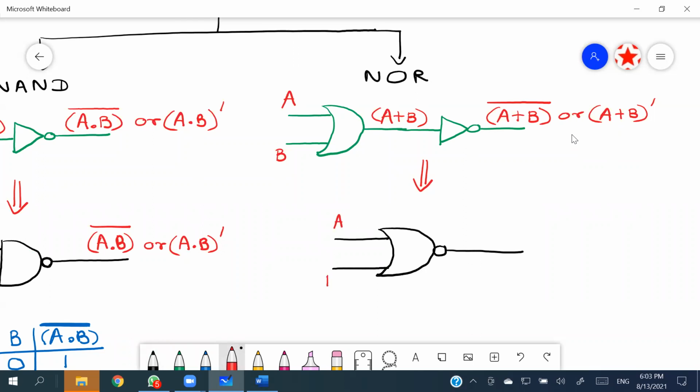So A and B are given, and A plus B total bar will be produced. A plus B dash will be produced. Right?